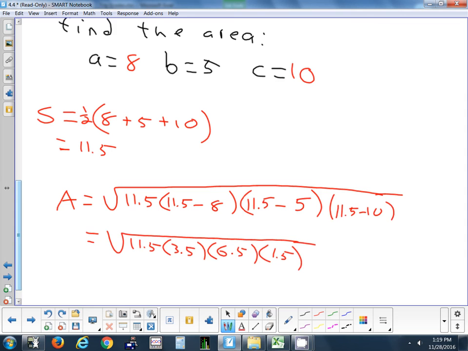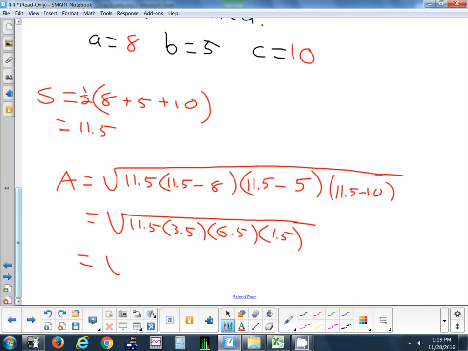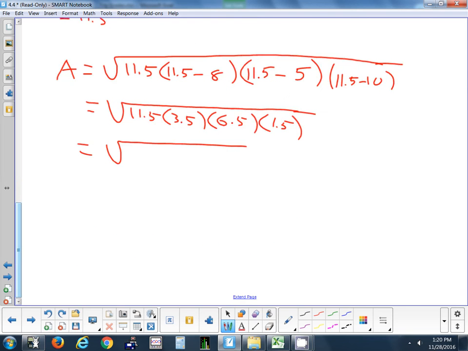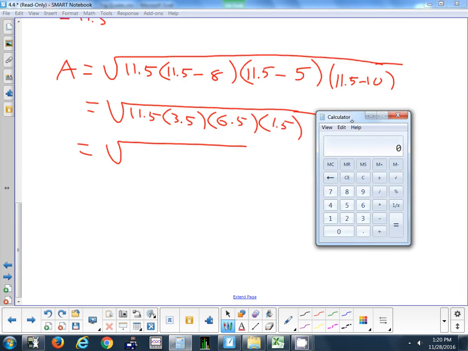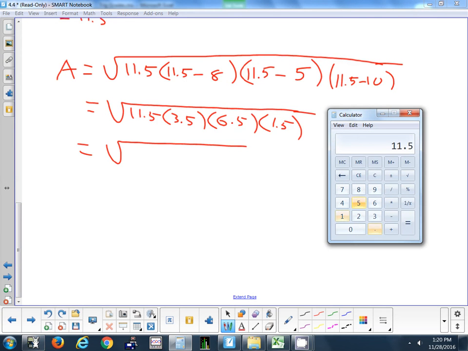Okay, now I need a calculator. So it's going to be the square root of, and let's just multiply all that together. All right, so we got 11.5 times 3.5, 6.5, and 1.5. So it's the square root of that.